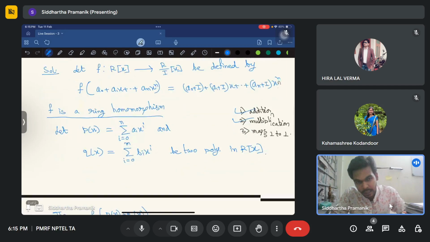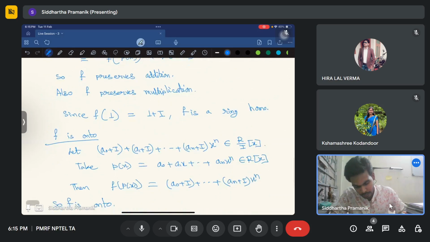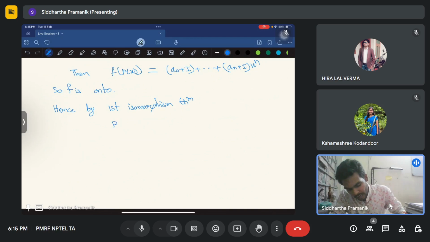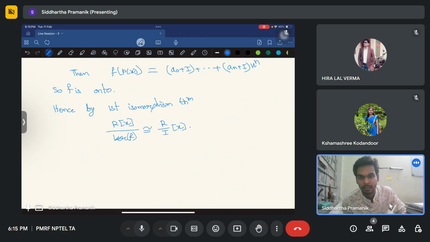Now what will be the kernel of this map? Because if we use the first isomorphism theorem, then by the first isomorphism theorem, R[x] mod kernel of f must be isomorphic with (R mod I)[x]. So the final task is to determine the kernel of this function f.